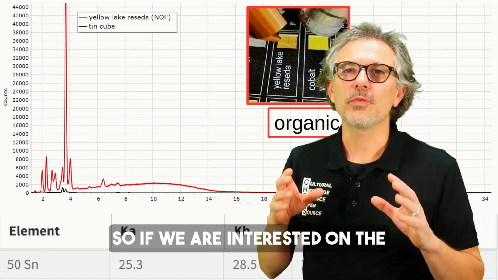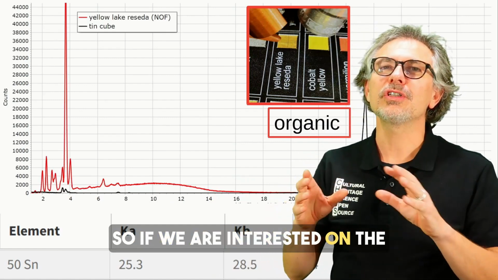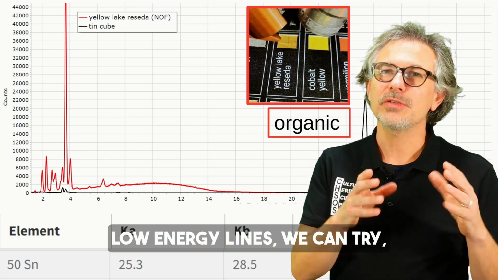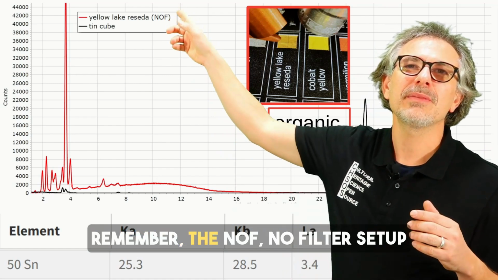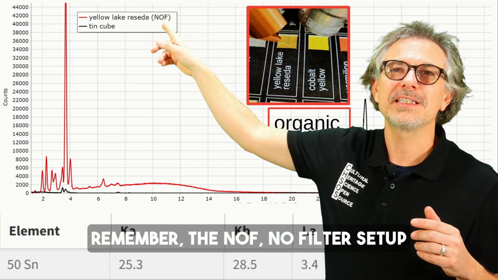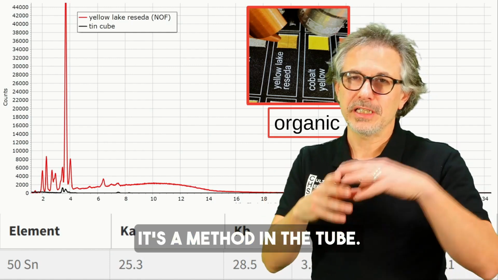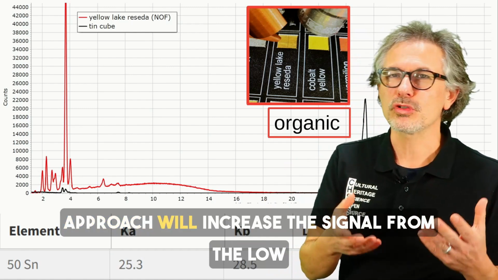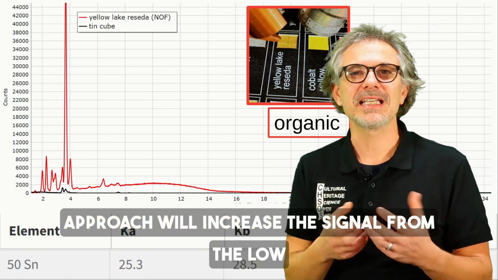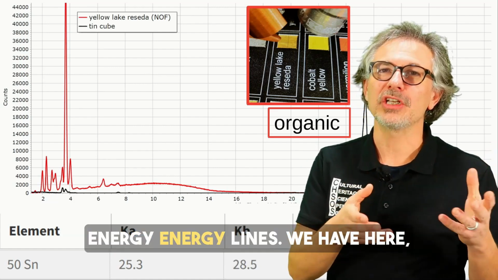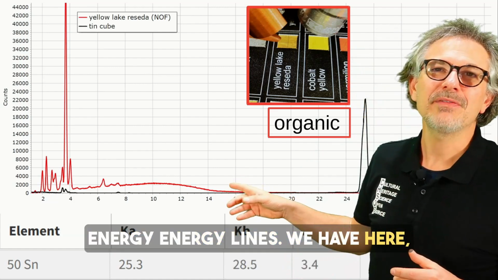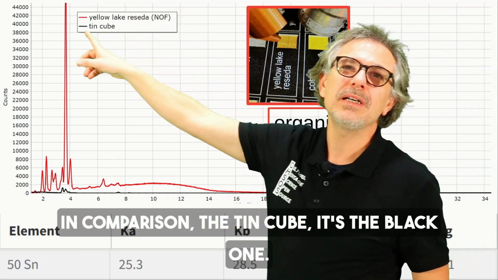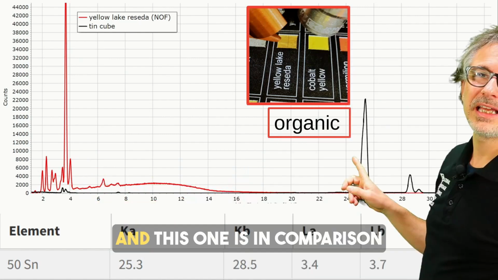So if we are interested in the low energy lines, we can try, remember, the NOF, no filter setup. It is a method in the tube: basically we don't put any filter, and this approach will increase the signal from the low energy lines.